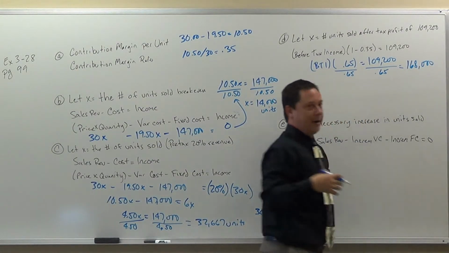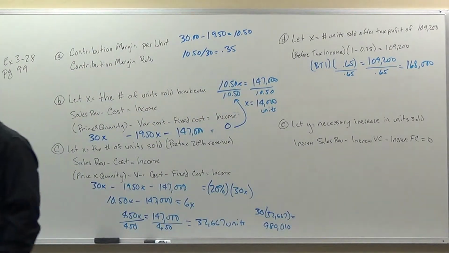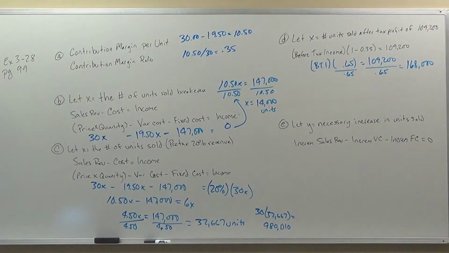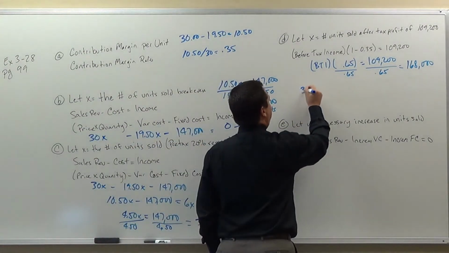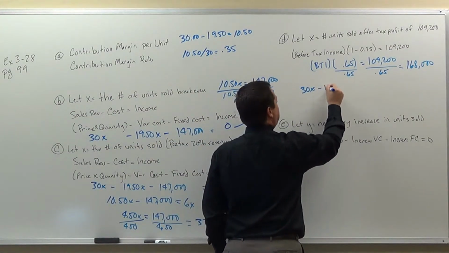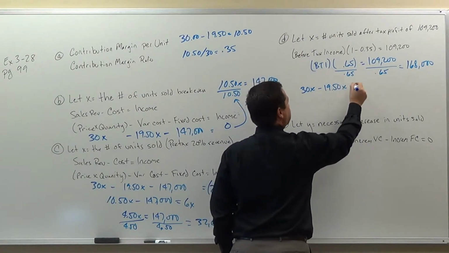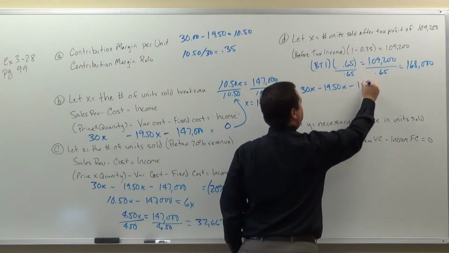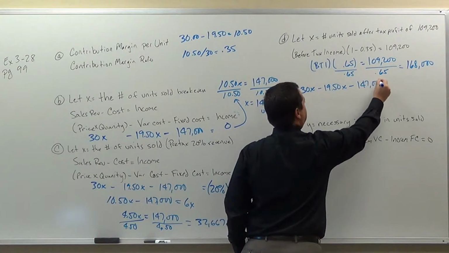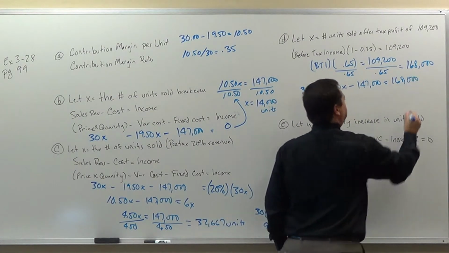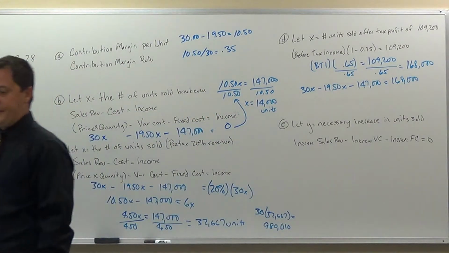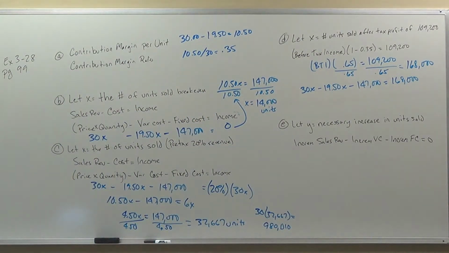All right, so then what do I need to do? The next step again is to figure out what we've done before. So I'm going to take the 30x minus my 19.50x minus my 147,000, and then set that equal to 168,000. That is what I'm going to do to figure out what that is.